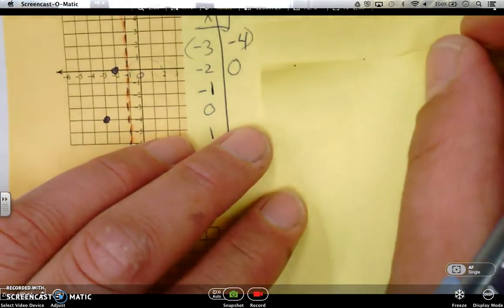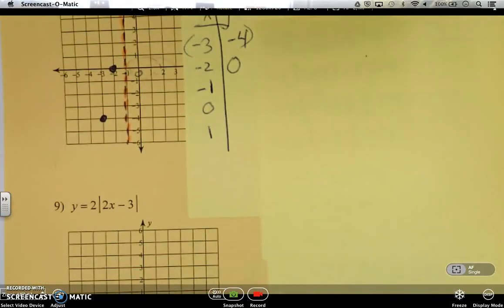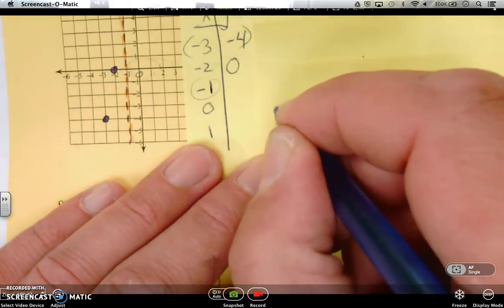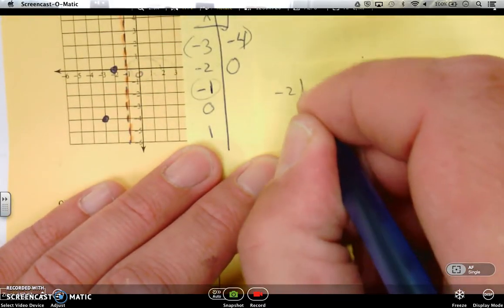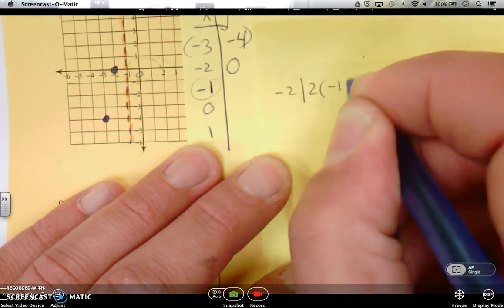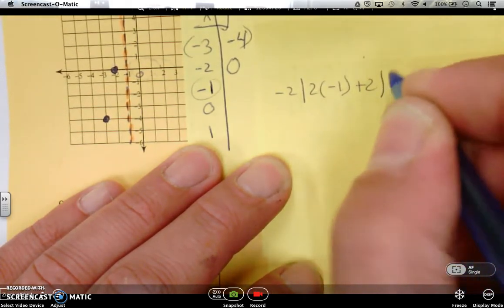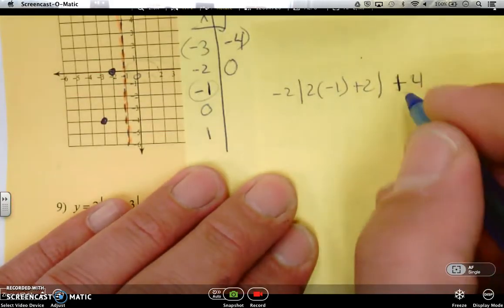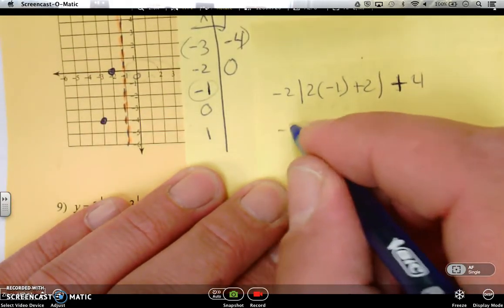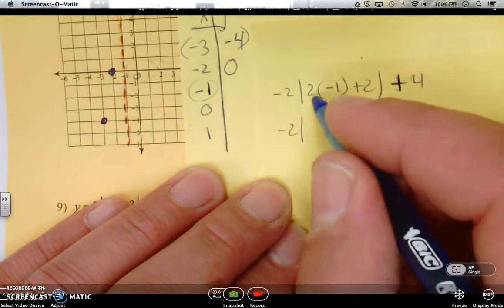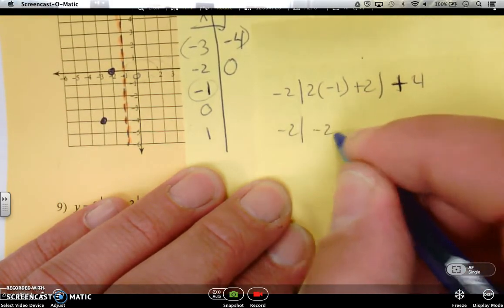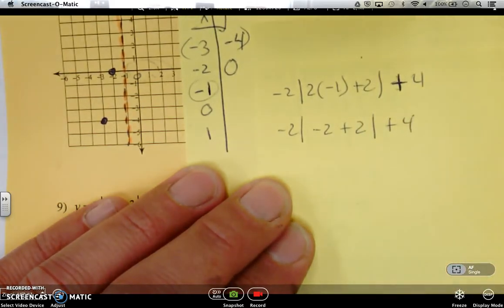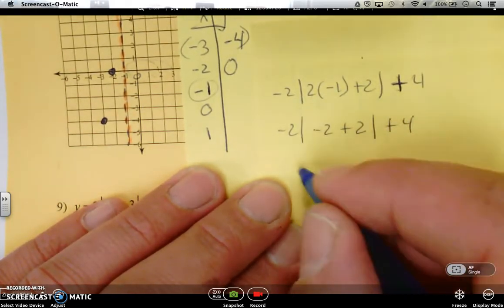All right, let's cover that up. So when we plug in -1 into here, we get -2 absolute value 2 times -1 plus 2 absolute value bar plus 4. So -2 times a -1 would be -2 plus 2 plus 4. Again, we do everything inside first.